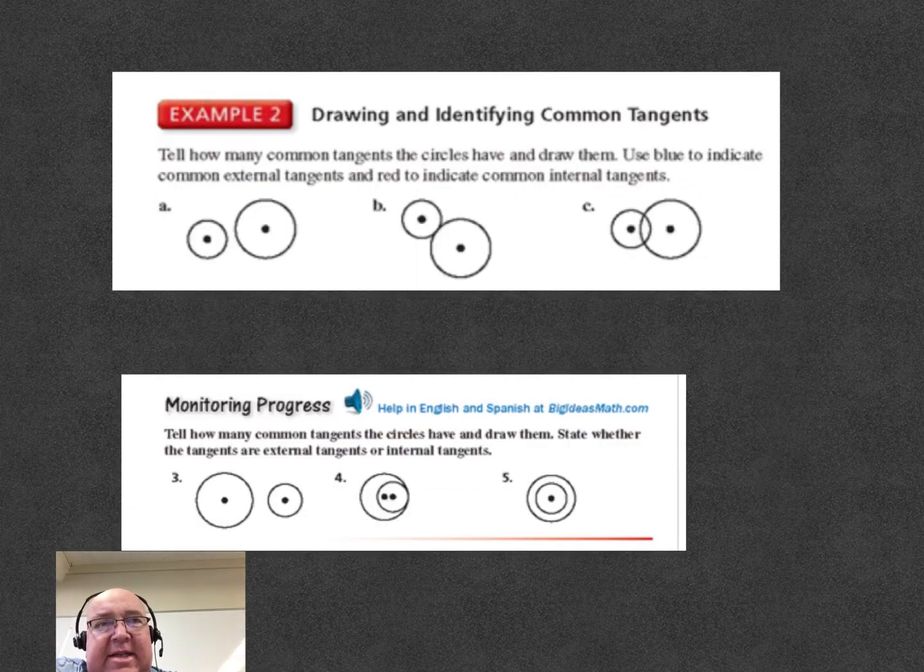So in looking at this one, we're going to have a common tangent that would go there, there, and then something like that. So there would be 4 common tangents.